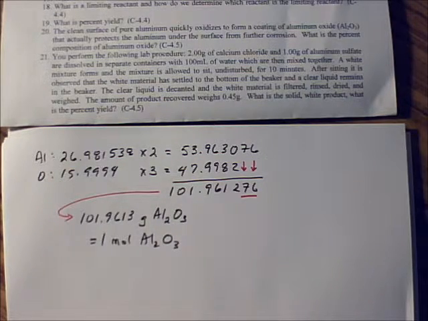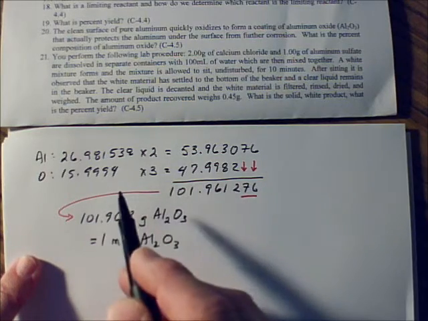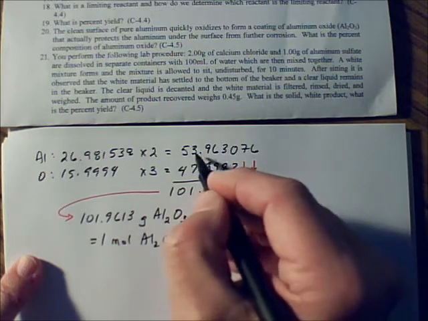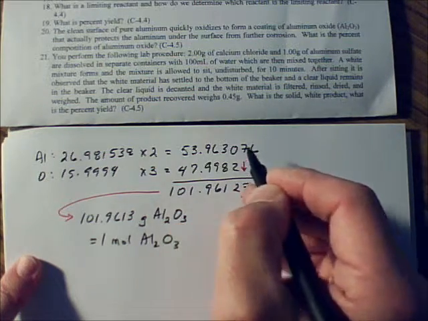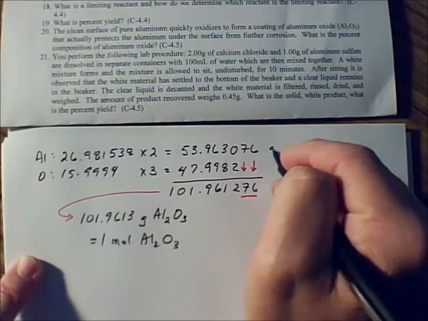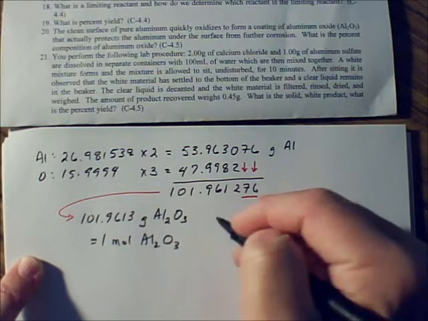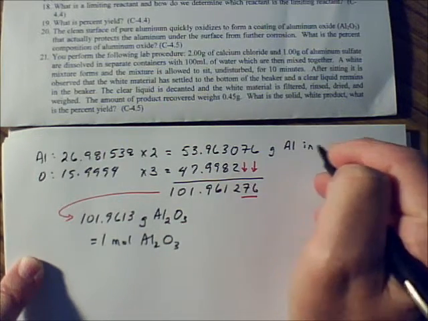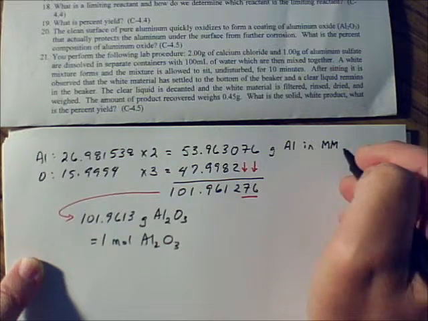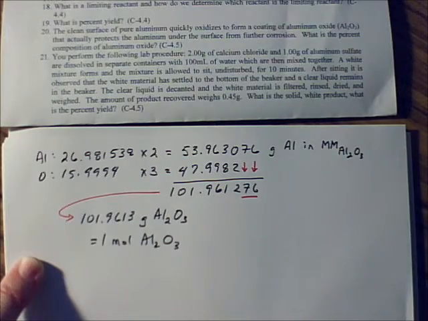So we're just going to add a little bit to this and then calculate a percent mass, or percent composition. If we do the molar mass like this, then this amount right here, after I multiply, is the mass of the aluminum in the total molar mass of aluminum oxide.